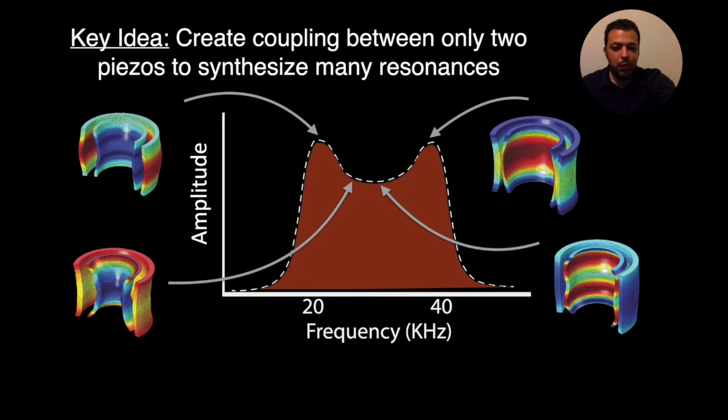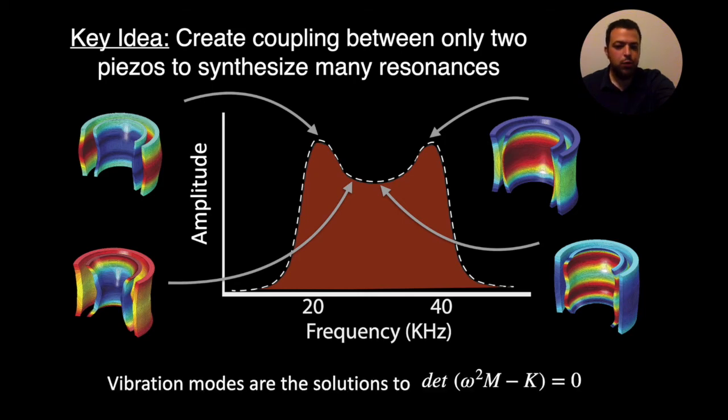Now, I explained these modes at a very high level, but indeed these modes and these many resonances can be derived as a solution of the differential equation, which is shown here in the form of a determinant equation. In this determinant equation, omega represents frequency, m is a mass tensor, and k is an elasticity tensor.